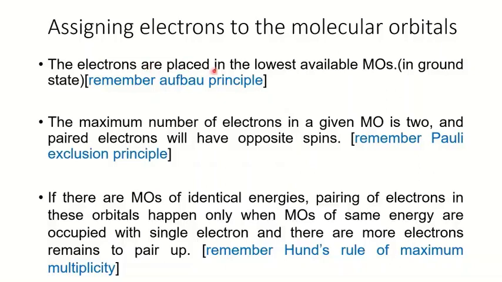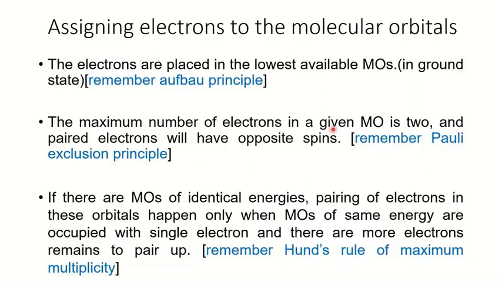The electrons are placed in the lowest available molecular orbital. So, if we are assigning electrons, we will assign electrons to the lowest available molecular orbital. The maximum number of electrons in a given molecular orbital is 2. It cannot be 3, 4, etc.